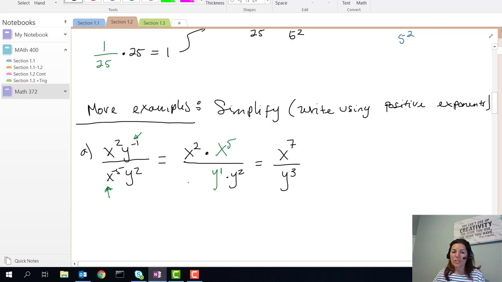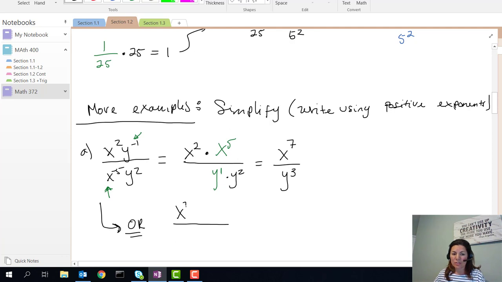There are other ways you could do it. You could utilize the properties of exponents from here right away. Right, so you can say this is x to the, when you divide the same bases, you subtract exponents. Now the one thing to be careful here is that when you're subtracting, that is a negative 5, so you're subtracting a negative.